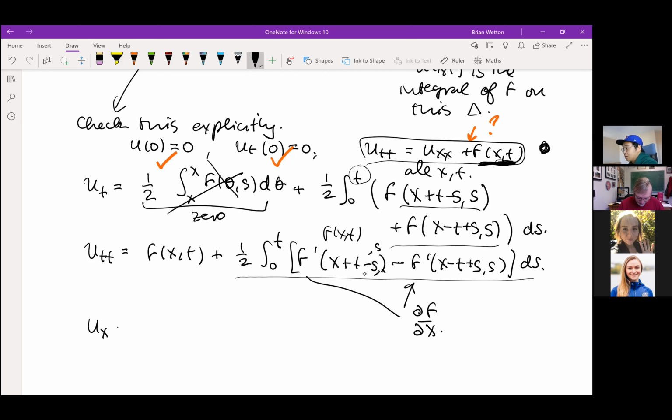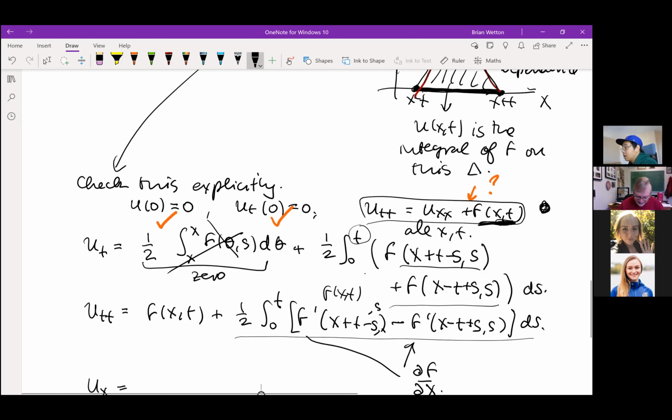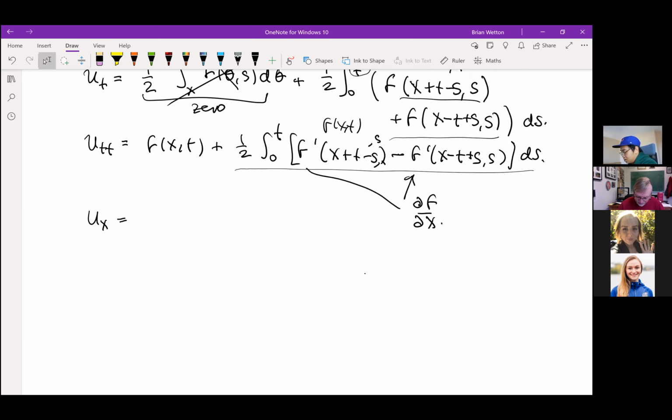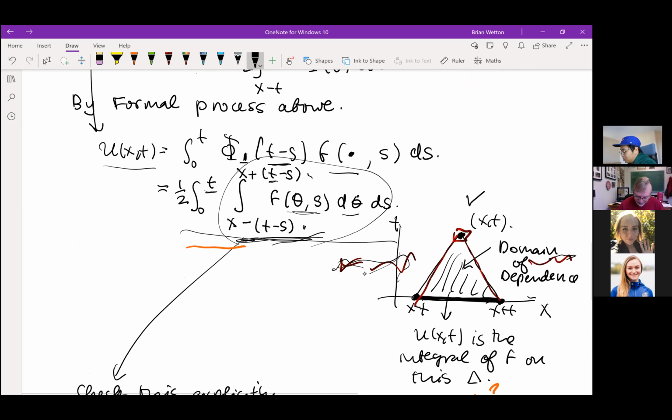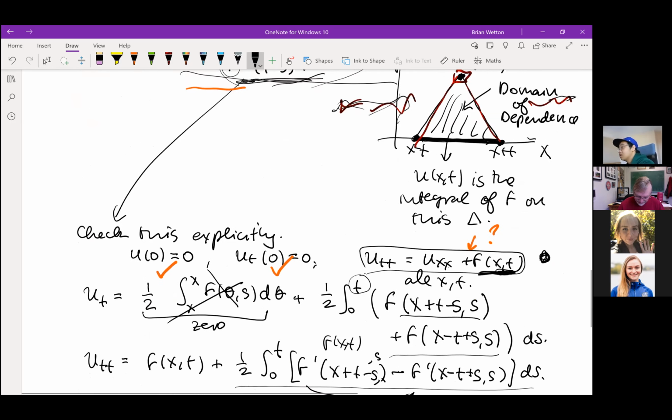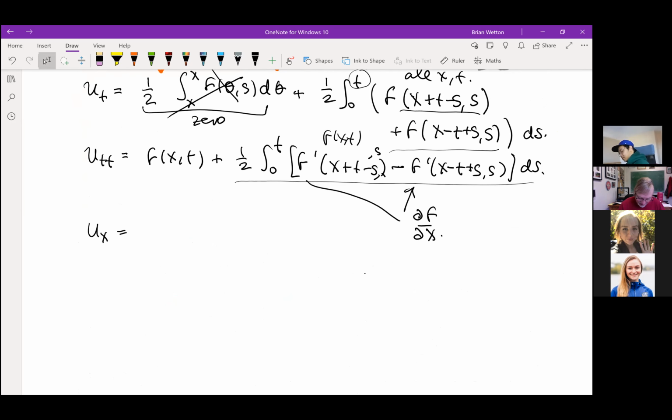Okay, so if I take one derivative with respect to x, I'm not doing anything fancy here. I'm just taking the derivative with respect to x. So I'll get two pieces. Right, I'm going to get 1/2 the integral from 0 to t. Now it's going to be f of x plus t minus s.